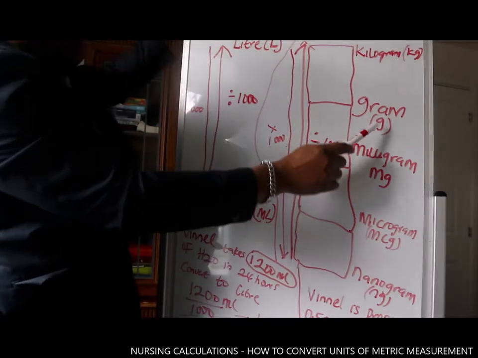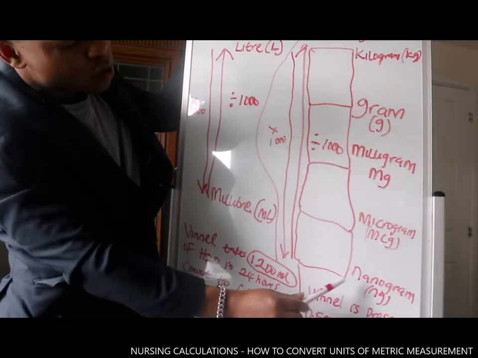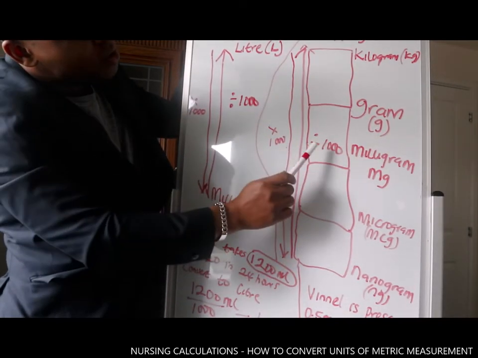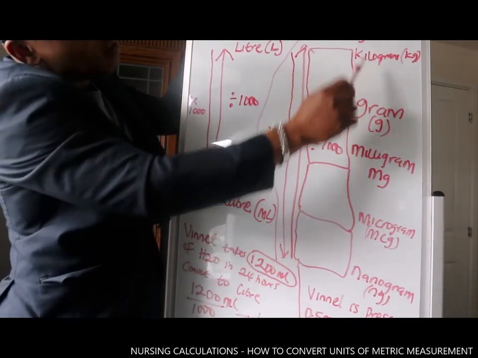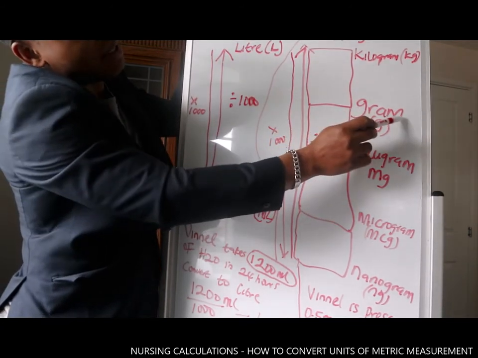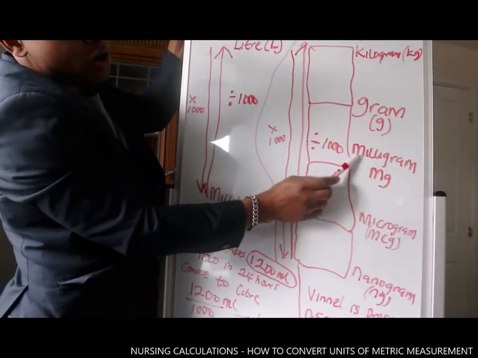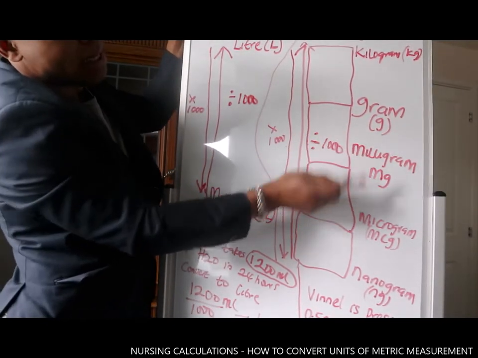If you are going from big to smaller one, let's say they give you 3 gram, convert it to milligram, you multiply by 1,000.